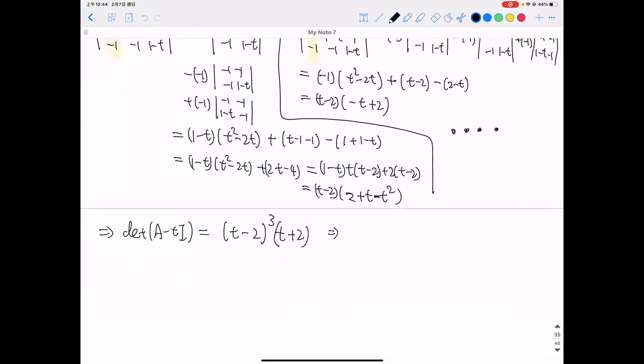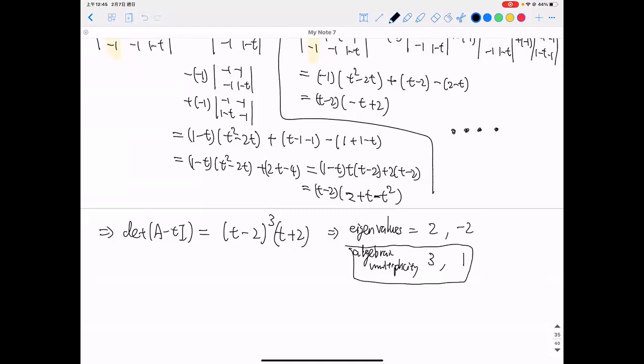So from here you get eigenvalues to be 2 and minus 2. The algebraic multiplicity for 2 is 3, because you see t minus 2 has 3 factors occurring in the characteristic polynomial. And for the minus 2, the algebraic multiplicity is 1.